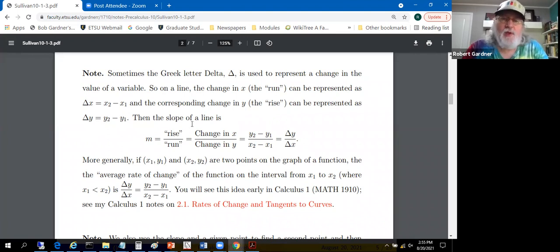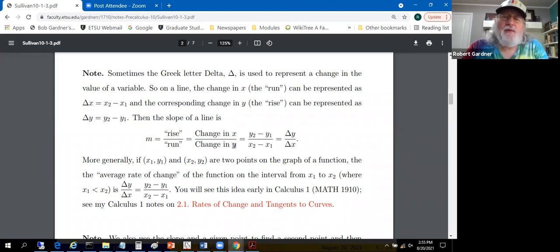So the slope of a line then is, quote unquote, rise over run. That's the change in y divided by the change in x. We had dealt with it in this form algebraically earlier, and with the introduction of this delta notation, we could write that as delta y over delta x. Oh my goodness, there's a typo there.